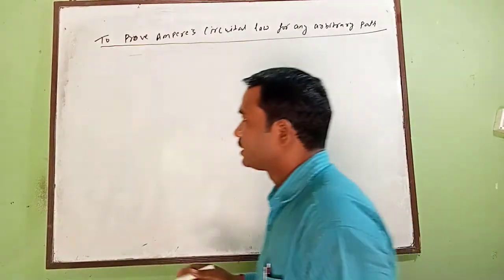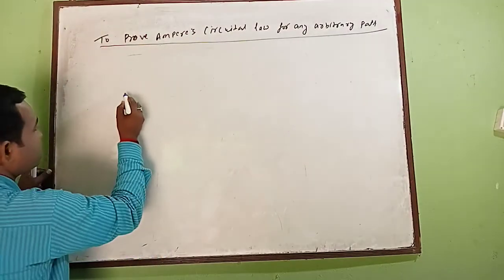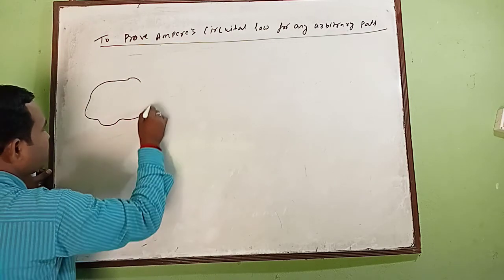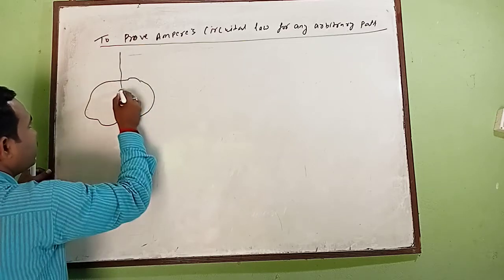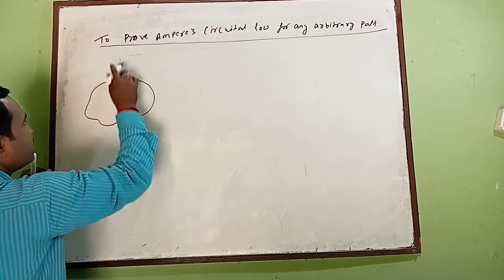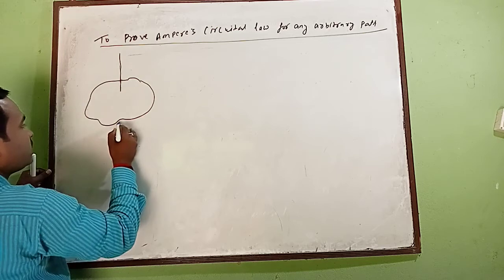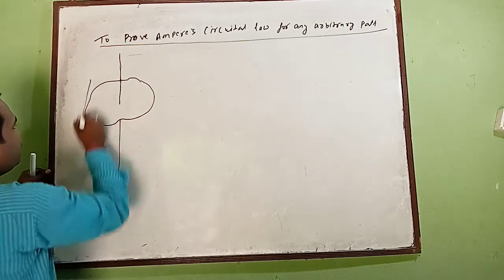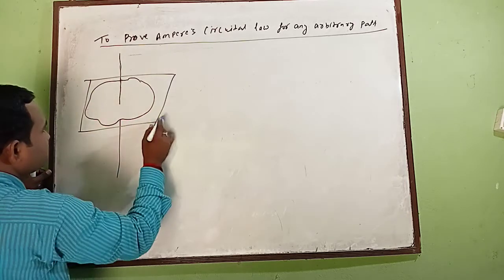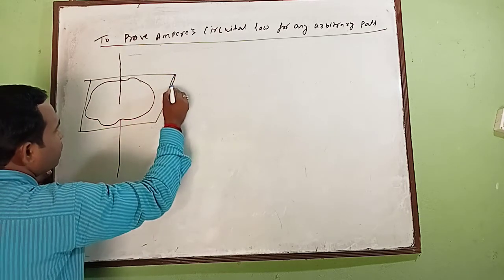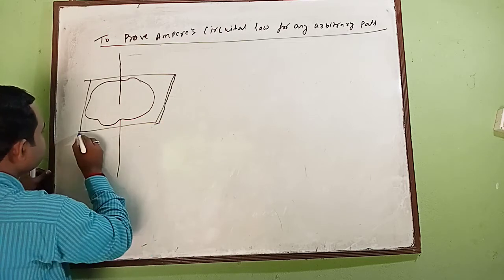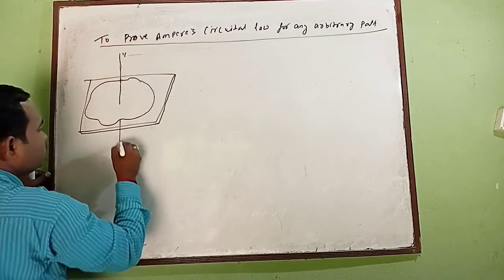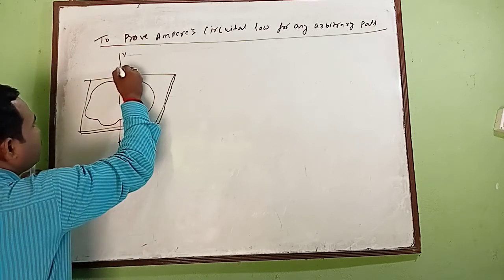Is it clear? Suppose I have any type of path like that, and this is the conductor which passes through these centers, and another is this one. Suppose this is the x and y, through which the current I flows.